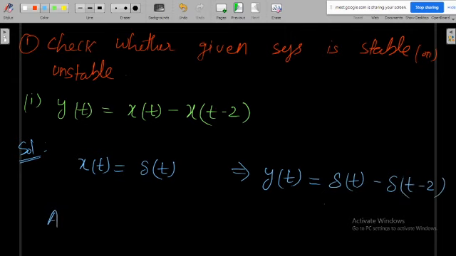Then how do we find the area under the output? This is the output due to this input. What is the area under this signal?